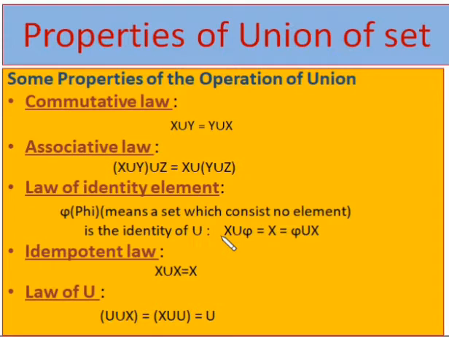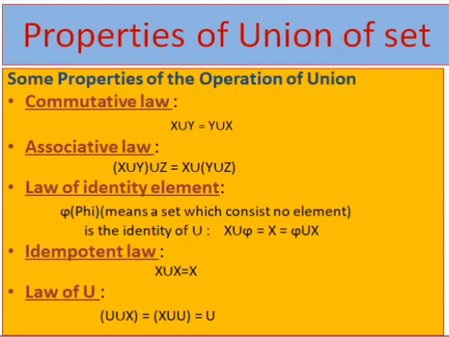When we find the union of the null set with any set, the set remains the same. That's why it's an identity. Idempotent law: X union X, when a set is united with itself, it gives the set again. Now the law of union with the universal set: U is the universal set, U union X is equal to the universal set.